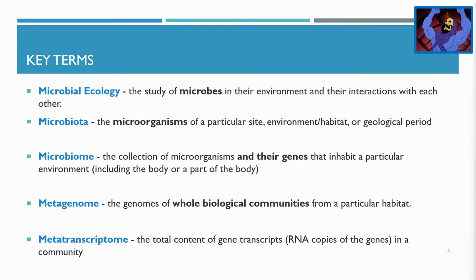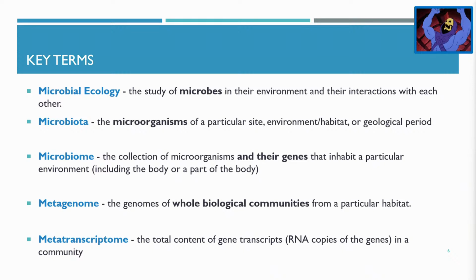Metagenome is basically the genome of the whole biological community from a particular habitat. So meta, the whole genome. An example of that is the human metagenome. Our metagenome consists of all our microbes, but also all of our cells and all of our genes.